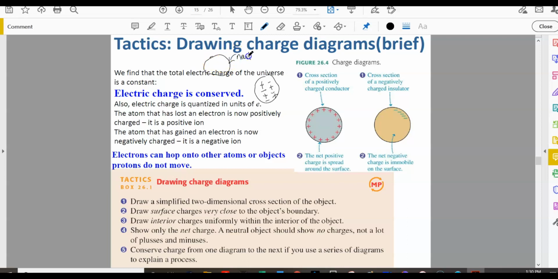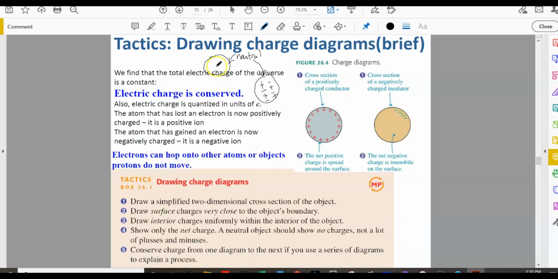So both of these are neutral charges, but it's best to just note when an object has an excess amount of charge, right? So if I took 2 electrons away from this neutral object, now this object would be charged with 2 protons, okay? And so you would just draw those excess charges on here and assume everything else is neutral around it.